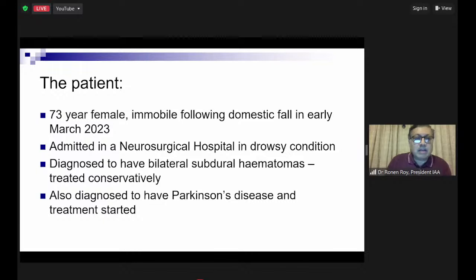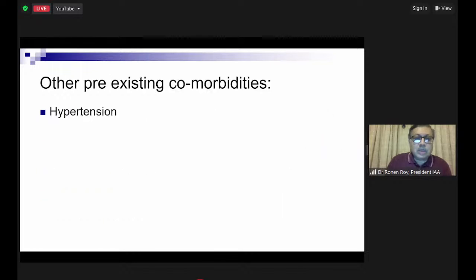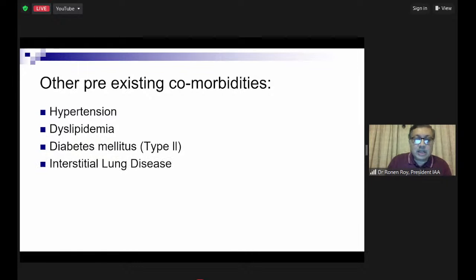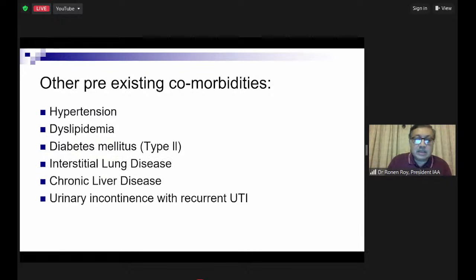And while she was recovering, she had other medical issues, which were really her major problems. She had hypertension, dyslipidemia, type 2 diabetes, interstitial lung disease, chronic liver disease, urinary incontinence with recurrent UTIs, and a bifascicular heart block to add to all the chaos that was prevailing.